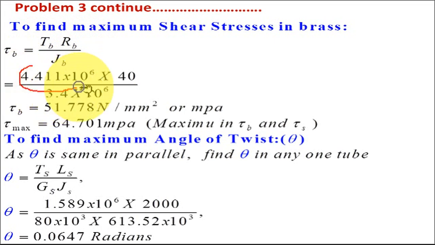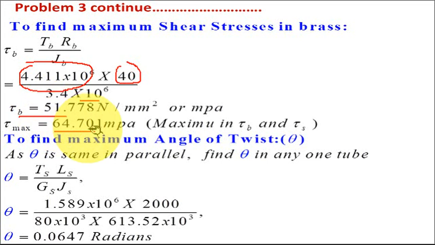Tb means the torque transmitted by brass, into the radius of that brass. Total diameter is 80, so the radius will be 40, divided by the polar moment of inertia, that is Jb, 3.4 10 to power 6. By solving this, you will get tau b, the shear stress transmitted by brass, 64.70 MPa.